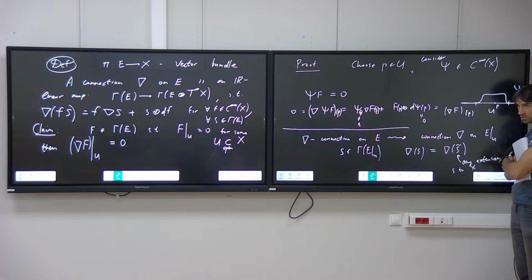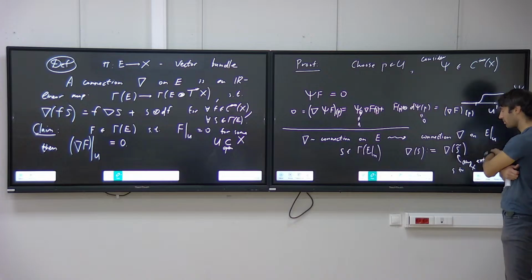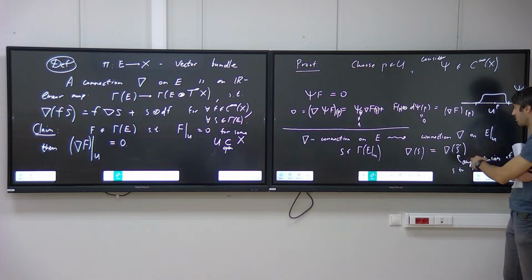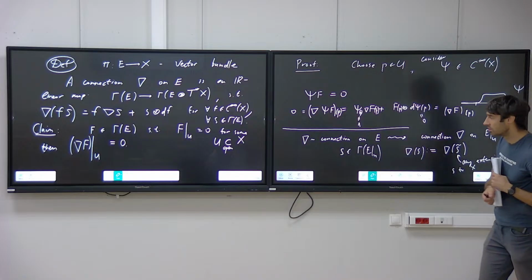Why is that? Just from the definition of what this vector bundle is. So by definition, any section is coming from here. So no such problem.